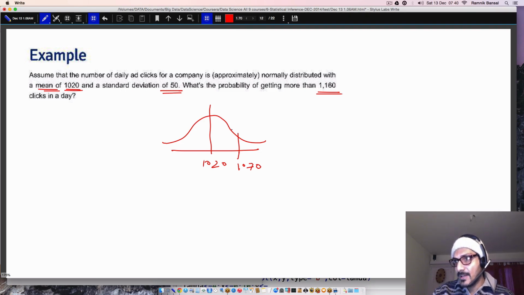So I'm interested in something like this. What's the probability of getting more than, the value is somewhere here, I'm saying 1160. So I'm interested in this region. So what will that be?